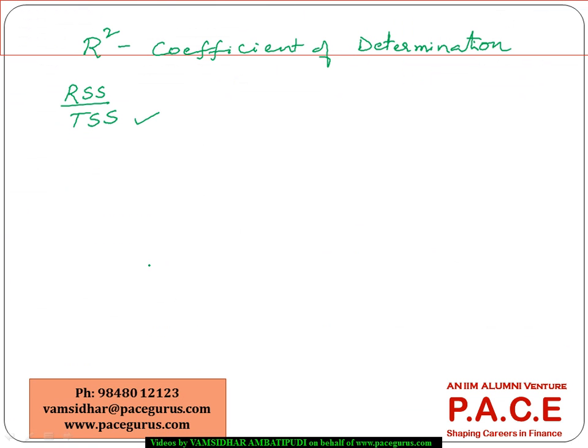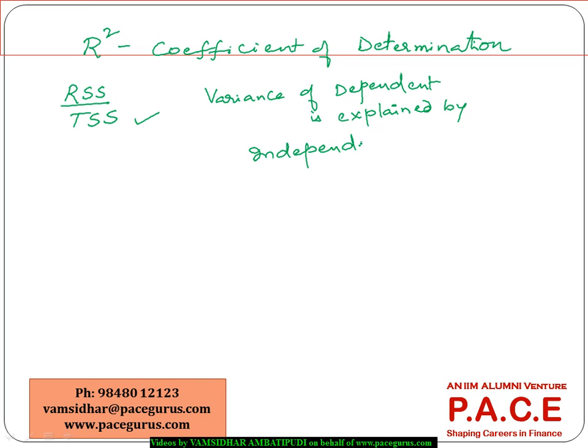This simply explains to what extent the variance of the dependent variable is explained by the independent variables, because here we have more than one independent variable. We are saying collectively, the independent variables collectively, to what extent they have explained the variation in the dependent variable. That is what we are calling r squared.